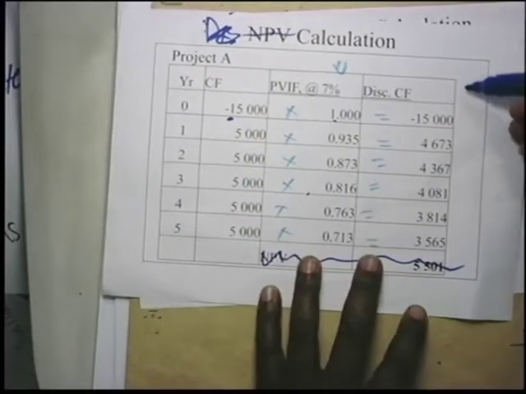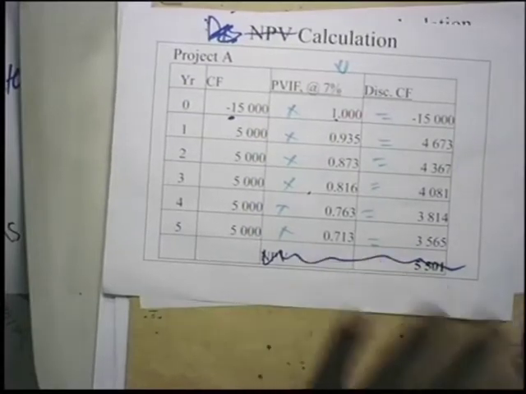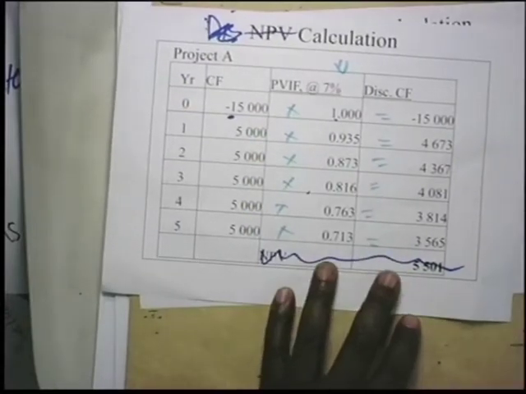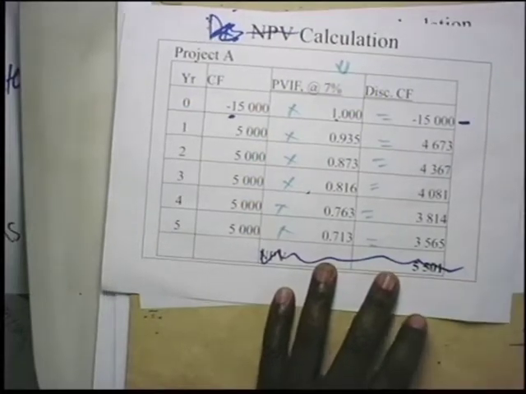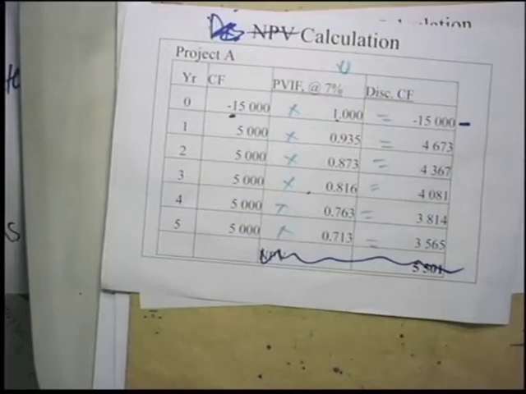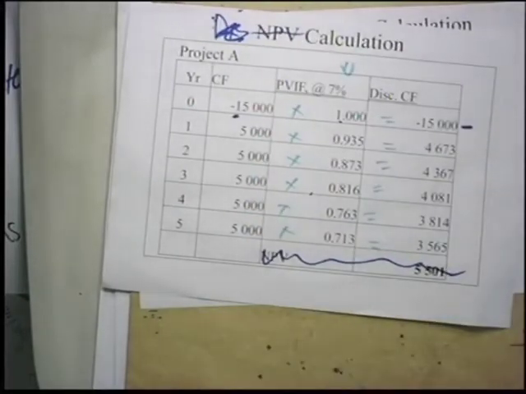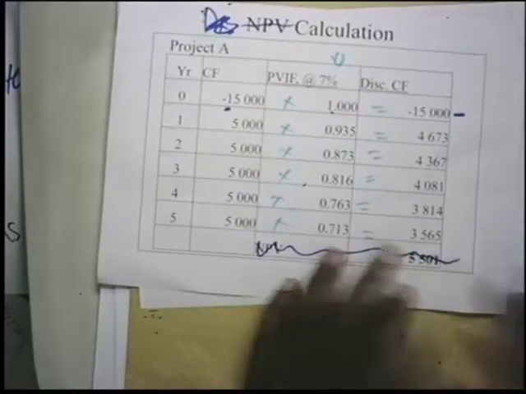Once we have got our discounted cash flows, we add them, taking note that the first cash flow is negative. So we are simply saying negative 15,000 plus 4,673 plus 4,306 up to the last one. Then we find the net.